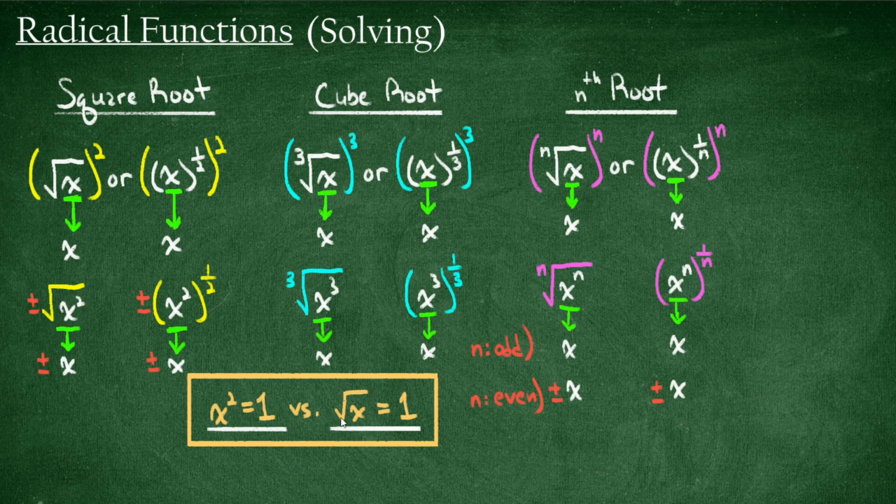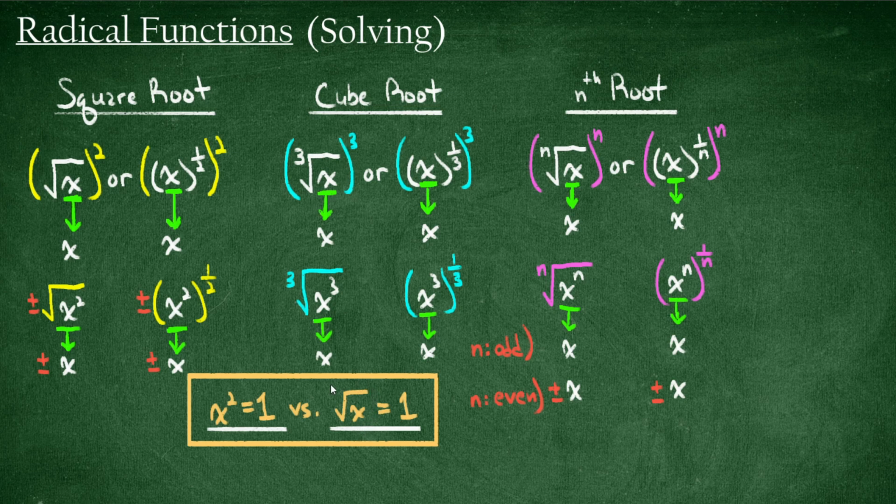Now, over here on the right-hand side, if I have the square root of x is equal to 1, well, what can x be? Well, it could be 1, right? Because the square root of 1 is just 1. But it couldn't be negative 1, because what is the square root of negative 1? Well, it's definitely not positive 1. The square root of negative 1 is actually defined as i. So we would end up in this complex number system.